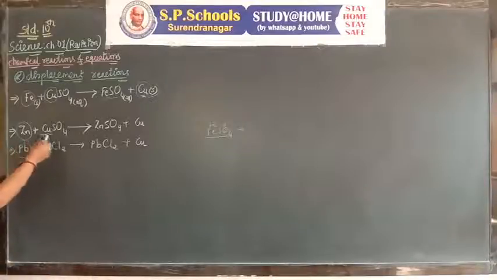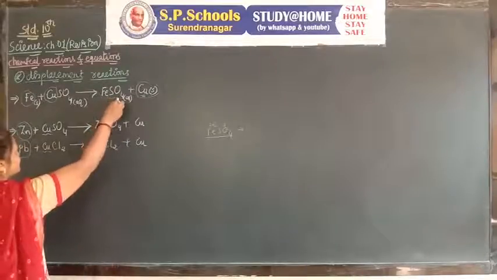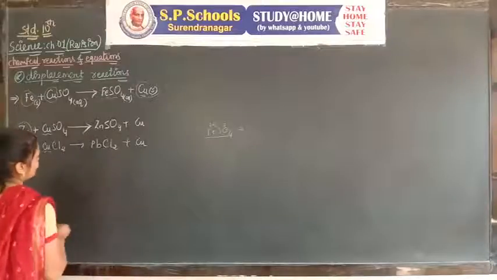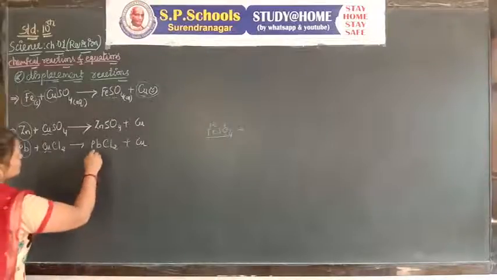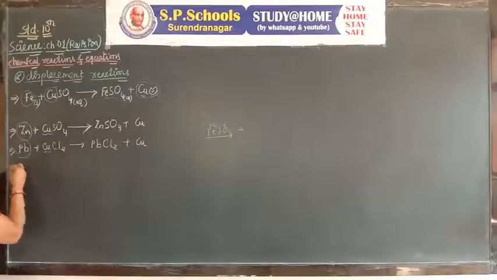In the case of Zn plus CuSO4, Zn is more reactive than the copper, so it makes the compound with SO4, zinc sulfate. FeSO4 is ferrous sulfate. PbCl2 is lead chloride. In the case of Pb plus CuCl2, Pb is more reactive than the copper, so it makes the compound with Cl2, PbCl2 lead chloride, plus copper.